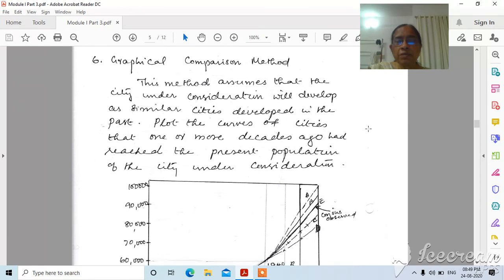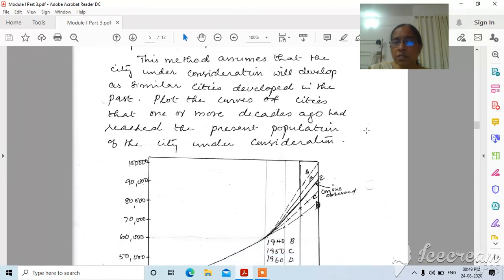Then the next one is the graphical comparison method. Again this is also not much accurate. This is to understand the trend in population projection, the trend in increase in the population.